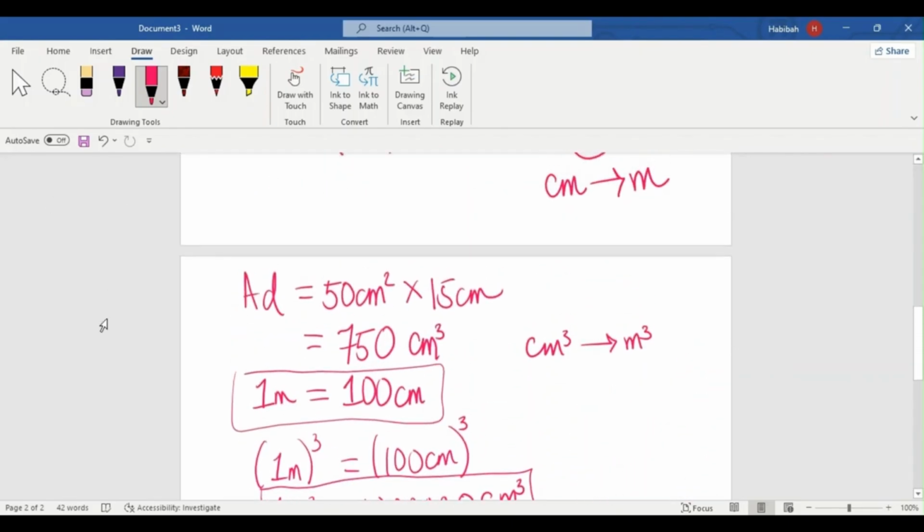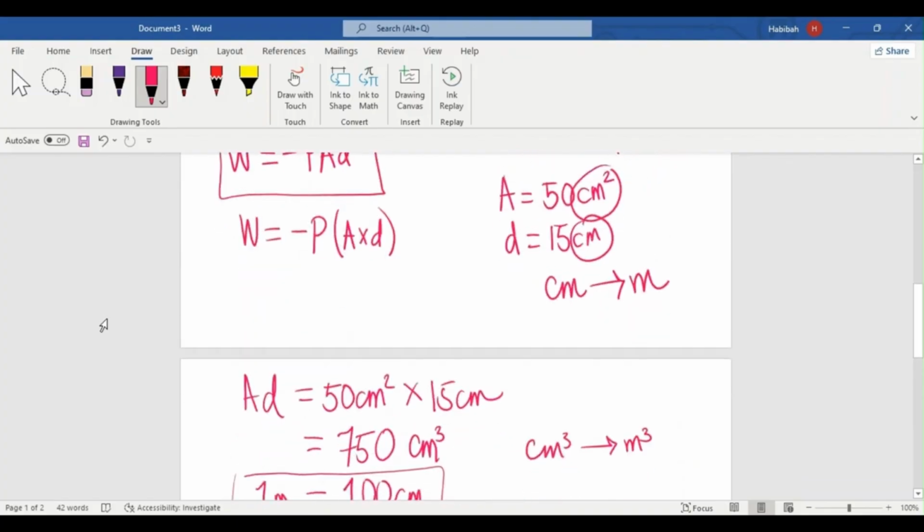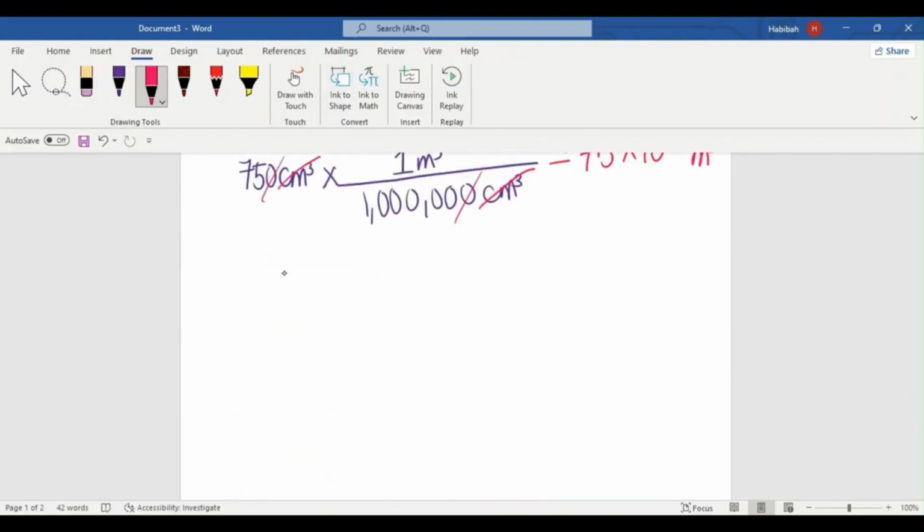So now we can use this information in the pressure that we're given. Let's not forget W equals negative P times AD. So work done equals negative P external, which is simply 1.0 atmospheres. I can go from 1 atmosphere to Pascal, right?